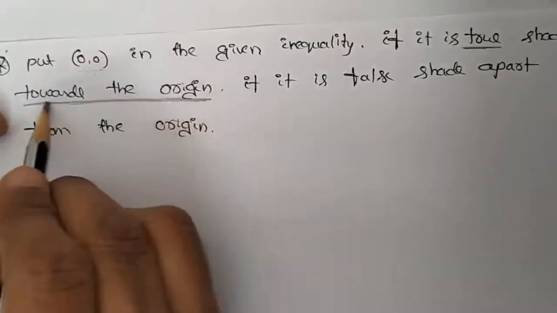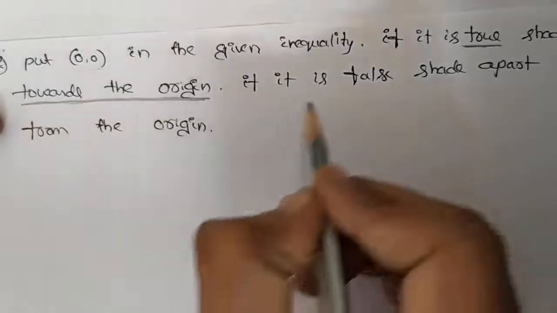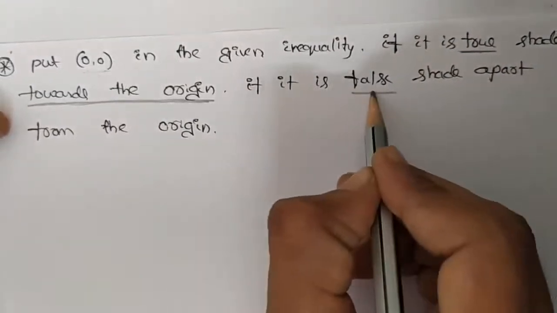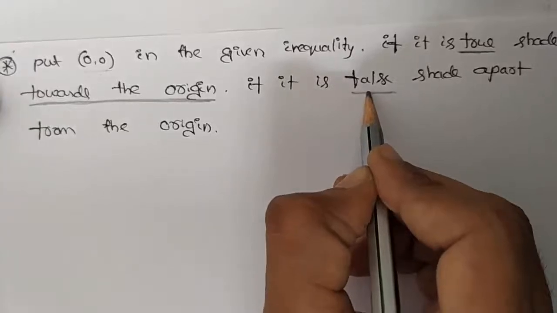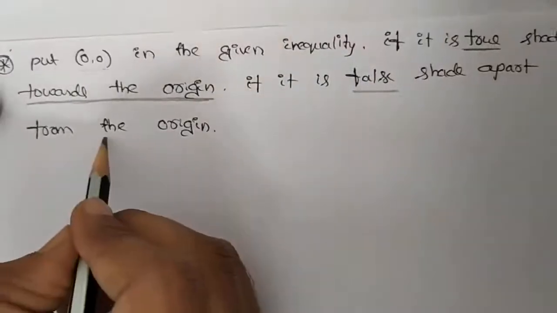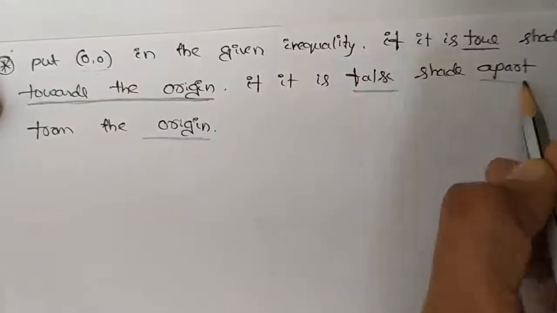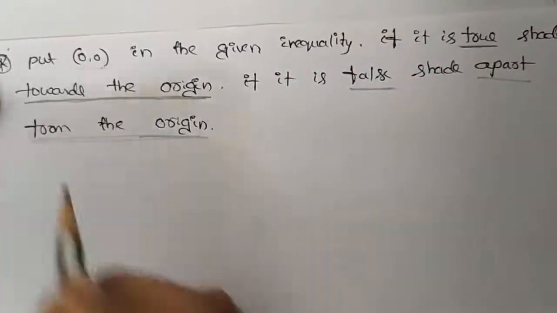If that inequality gives false, we have to shade apart from the origin.